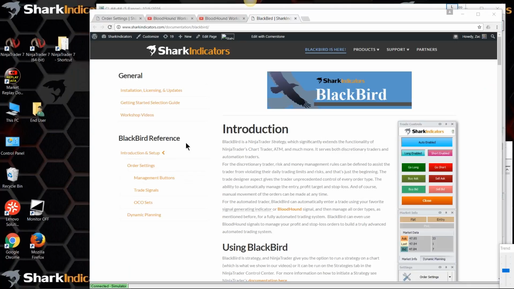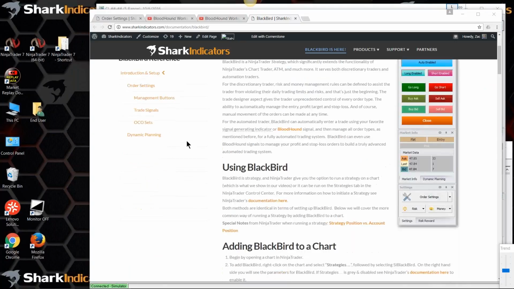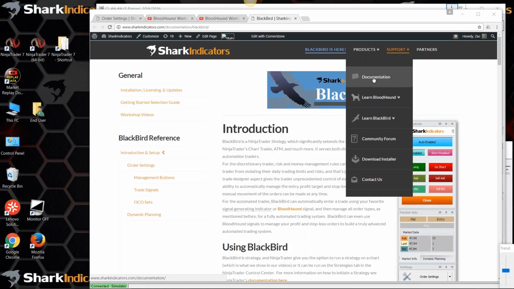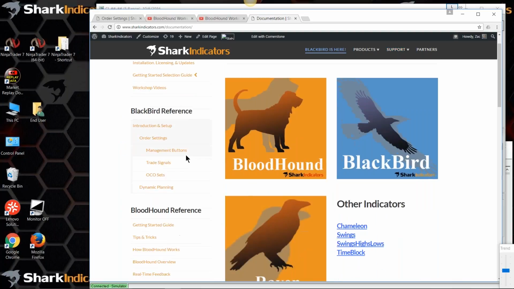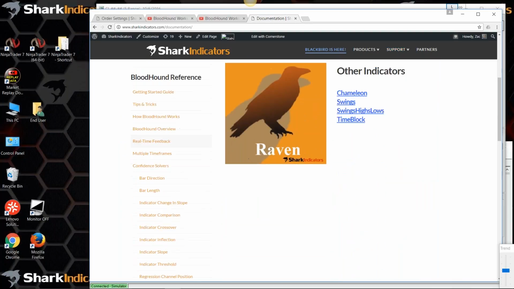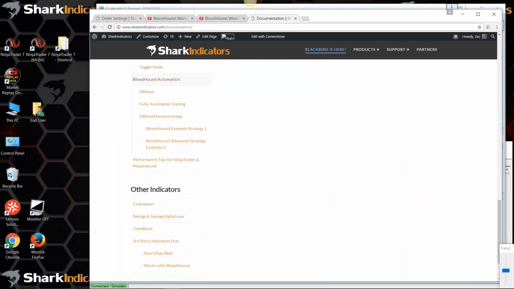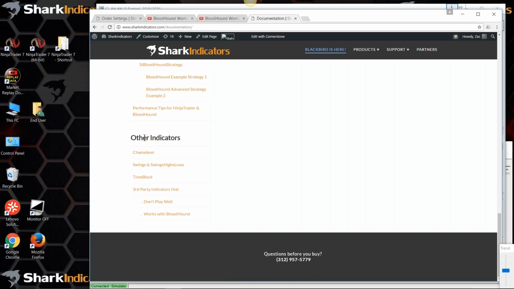We need to go to the general support documentation actually. And if we scroll down under Bloodhound, here we go. We have other indicators.